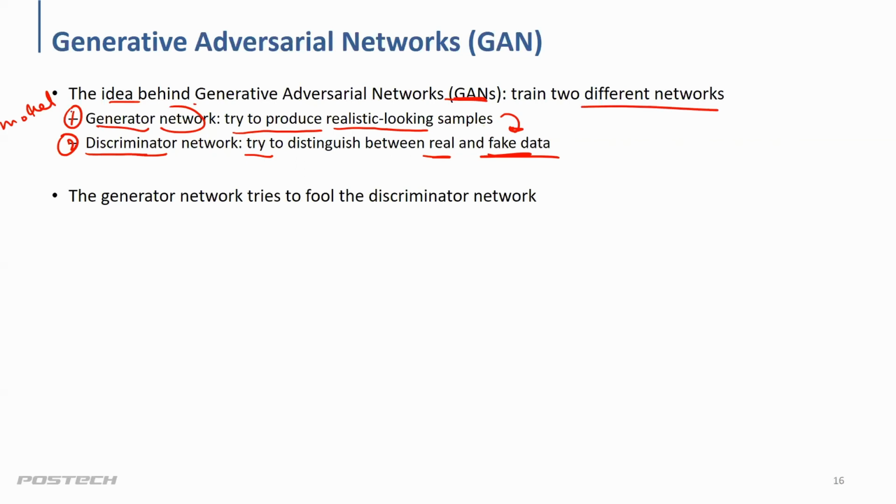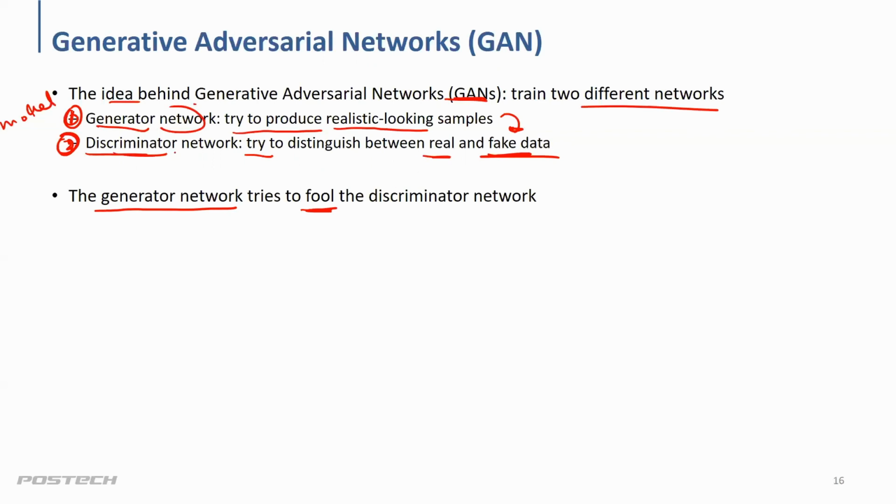So we have two networks competing with each other. It's like game theory, right? The generative model is trying to fool the discriminator network.